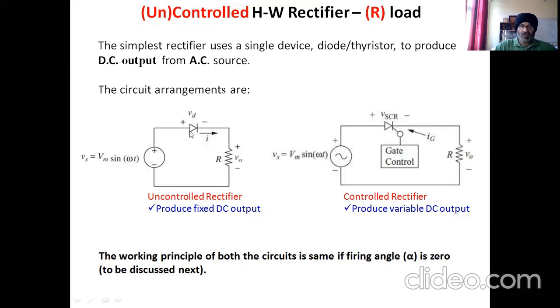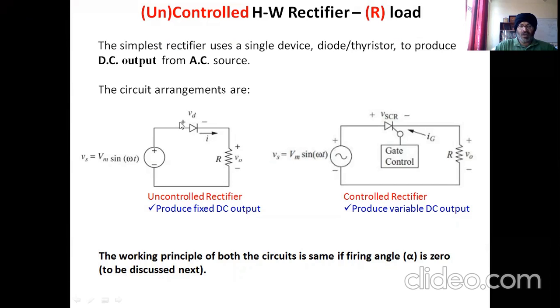On the left-hand side, we have an uncontrolled rectifier, which produces a fixed DC output just because of the diode. By using a diode, we have a fixed value at the output.